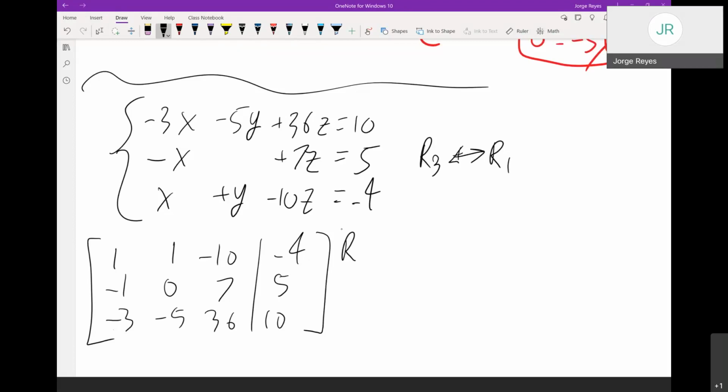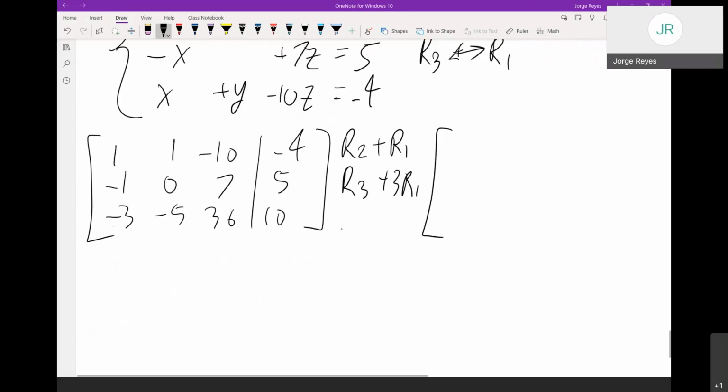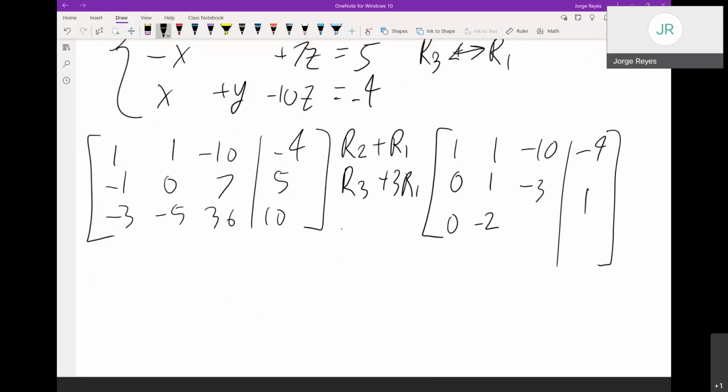I'm going to do row 2 plus row 1 and row 3 plus 3 row 1. I'm going to get 1, 1, -10, -4, 0, 1, -3, 1, and 0, -2, 6, -2.